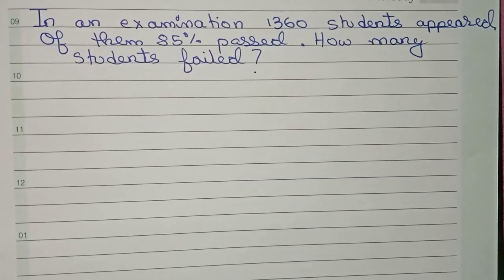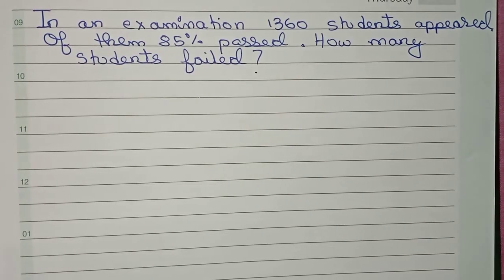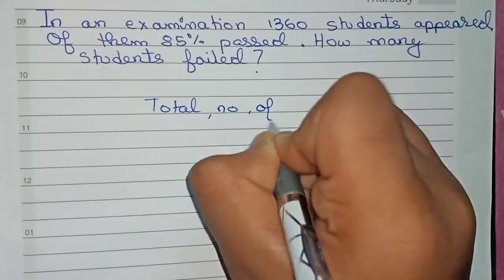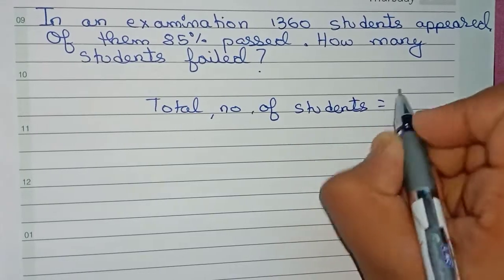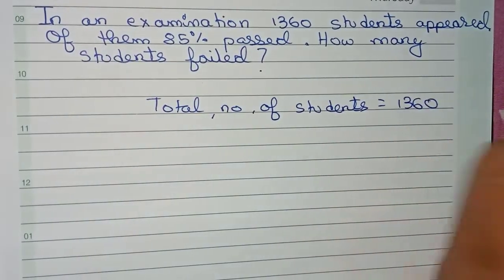Our next question is, in an examination 1360 students appeared, of them 85% passed. How many students failed? So this is similar to the previous question, only you have to find the number of students who failed. So we write total number of students equals to, it is given 1360.